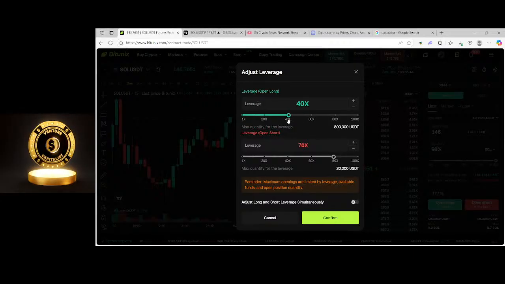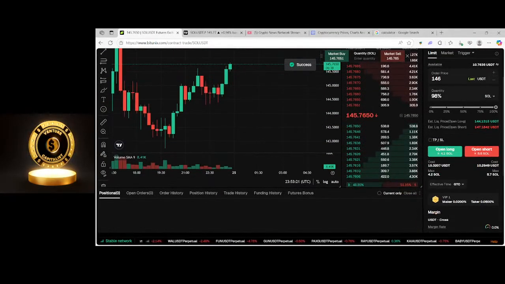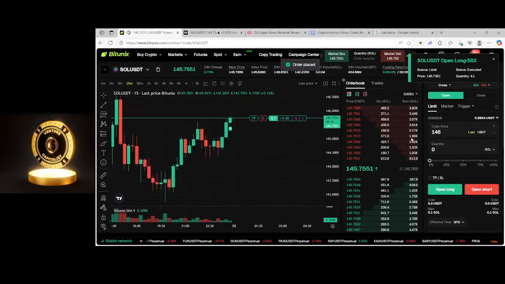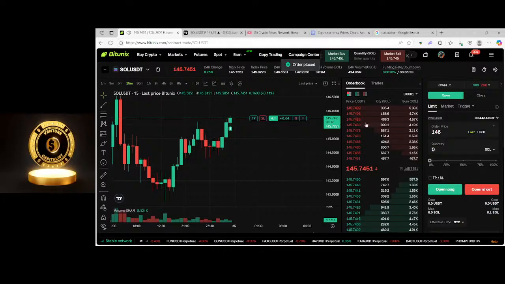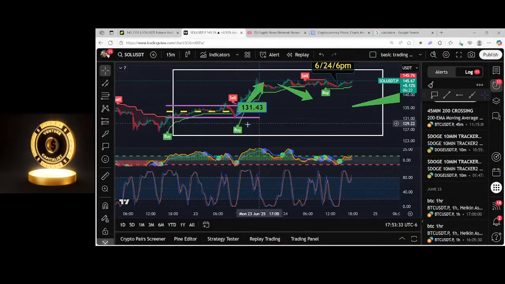That would have been the 10x. That would have been 400. I mean, if you're really pushing Solana around, it has 100x leverage on there as well, which is crazy, but yeah, you don't need that much leverage.